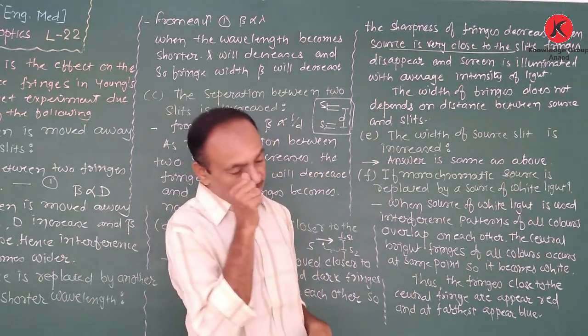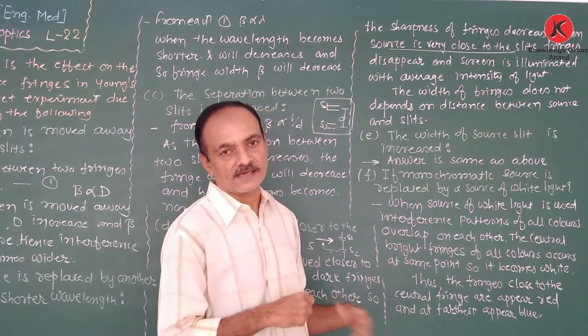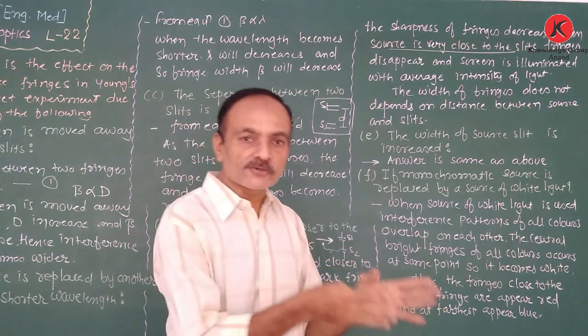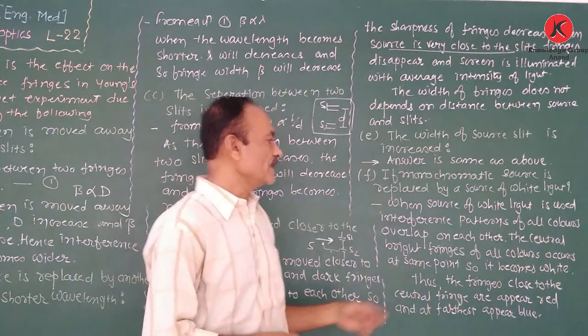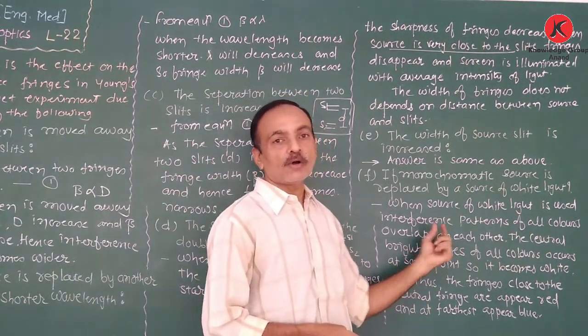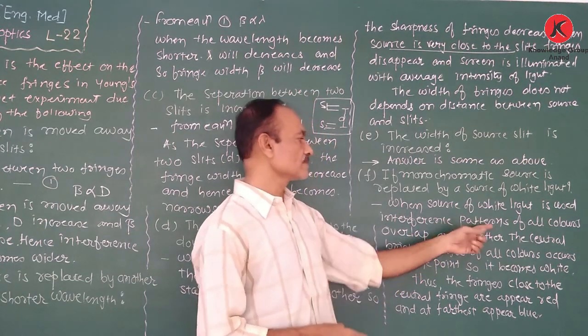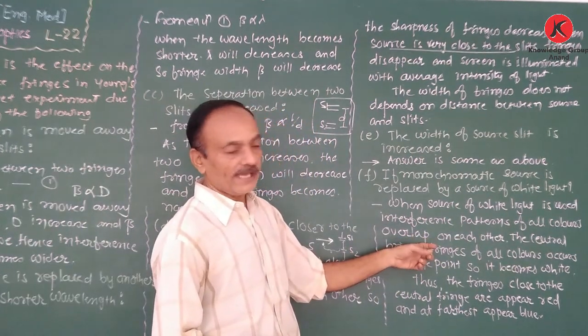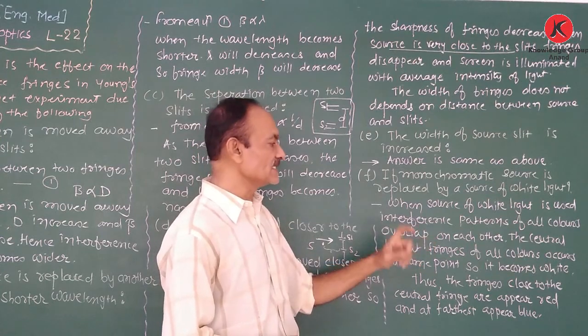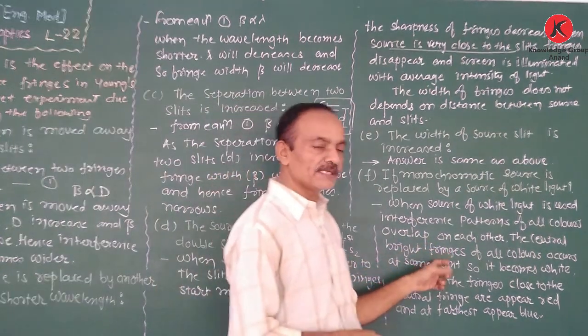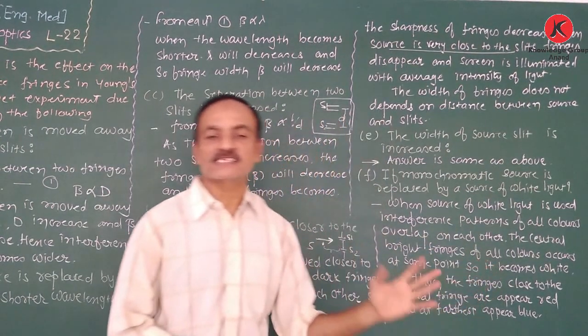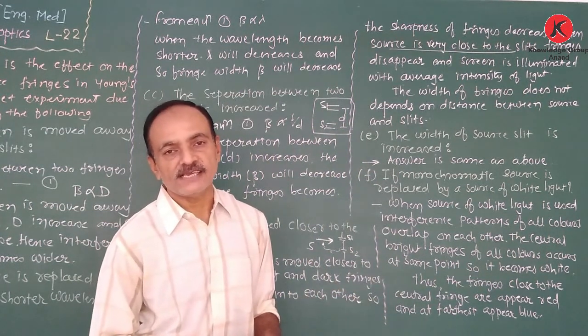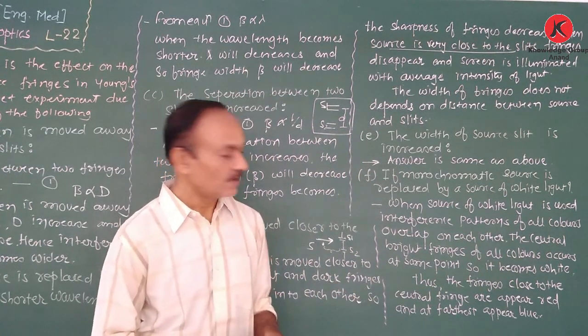So now listen, white light is made up of 7 colors. So due to the interference phenomenon, all the colors overlap on each other, and as a result, the central bright fringes of all colors form at the same point. Therefore, the central maxima is shown white.